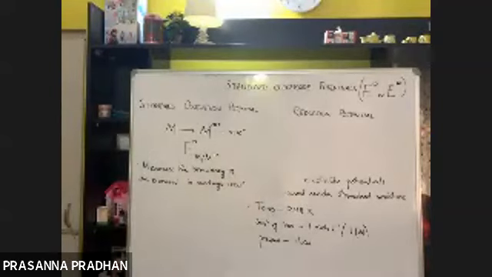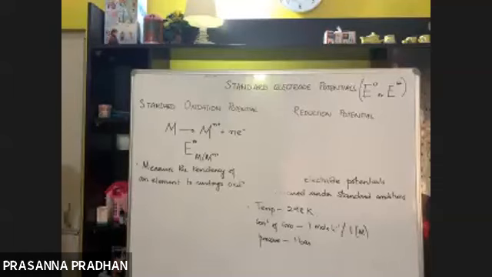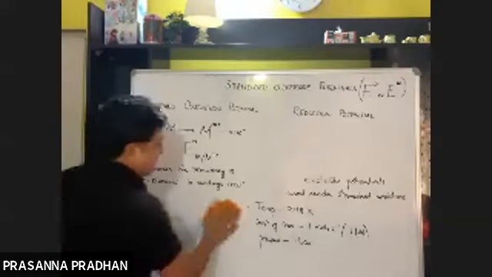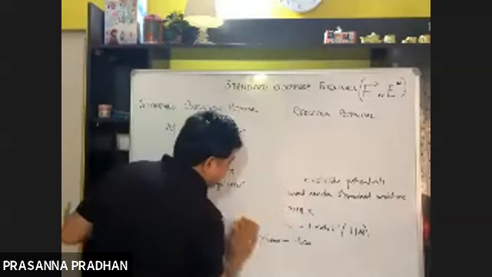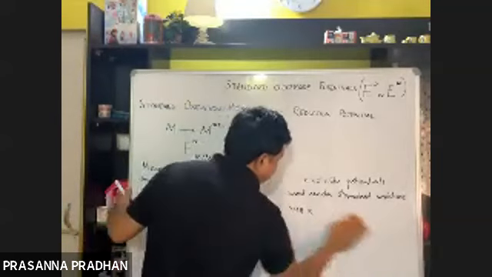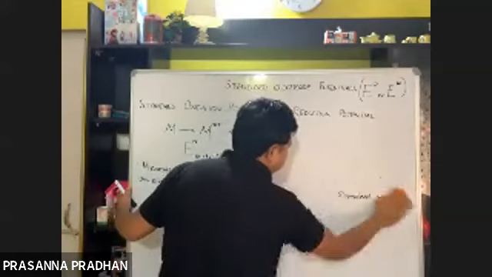From the values of standard oxidation potential, we can have an idea about the tendency of an element to undergo oxidation.